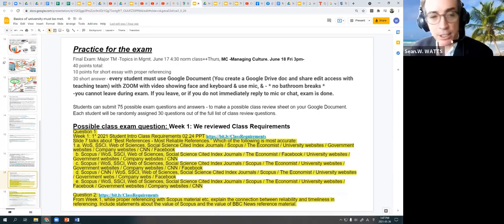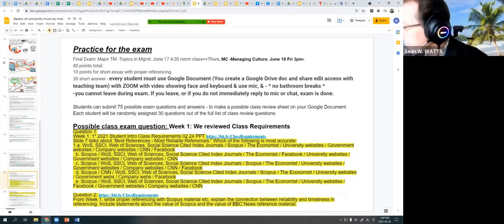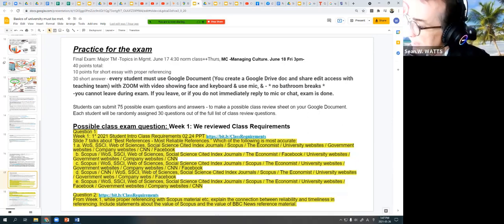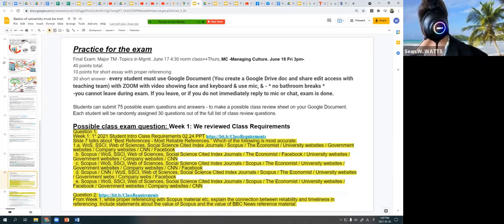Otherwise, Emma, can you answer: what are 5 sources of references and list them in order of highest reliability to lowest reliability? I don't understand the question.